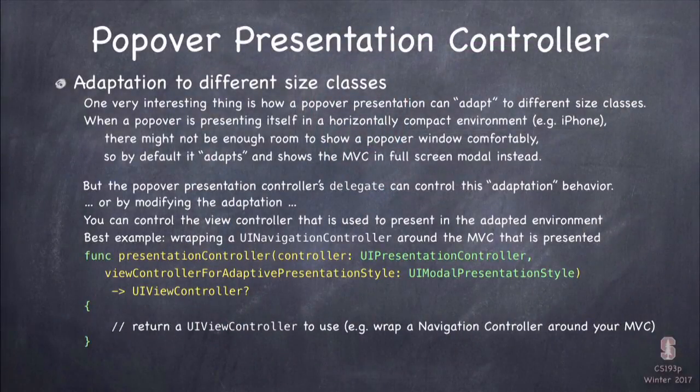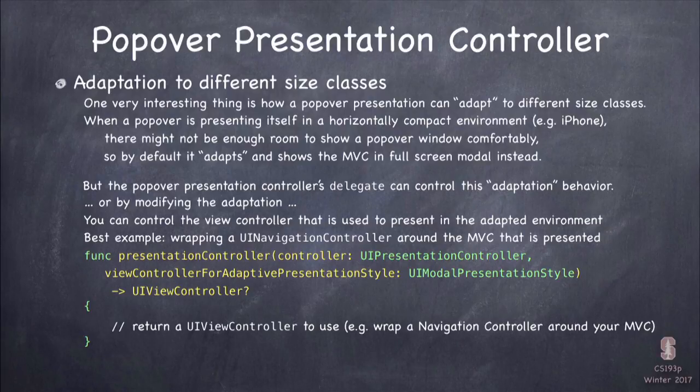This one, called presentationController(_:viewControllerForAdaptivePresentationStyle:), is saying what view controller should I use when I adapt to this presentation style. And that presentation style is something like over full screen, or popover, or full screen.